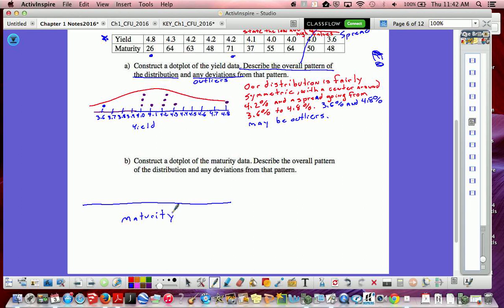So what I might do is start at 25, leave spaces, and count by fives, but I'm not going to put in all the dashes. So I'll go 30, 35, 40, 45, 50, 55, 60. I've got to extend this even farther. 65, 70. If I leave a little space, I'll get the 71.